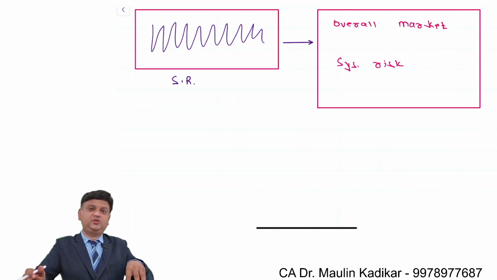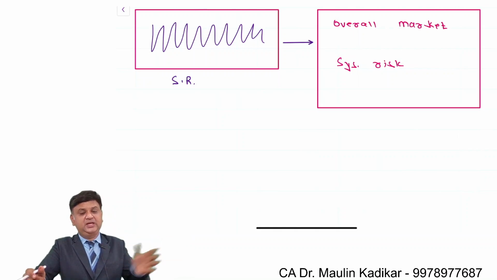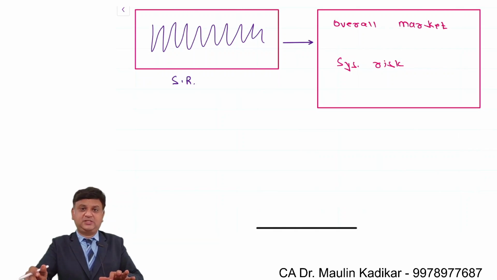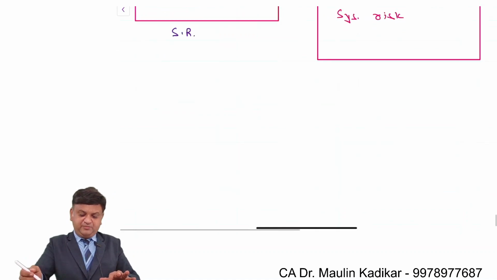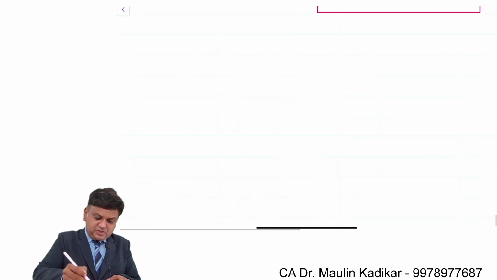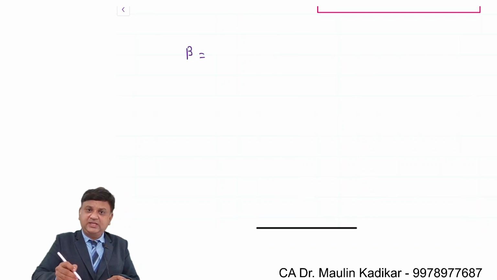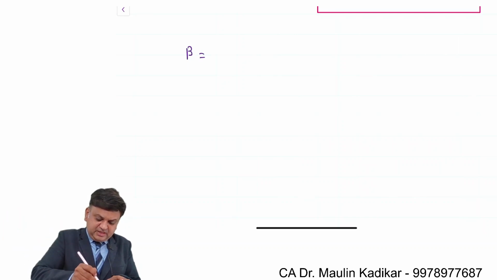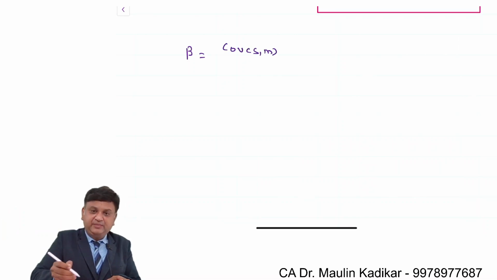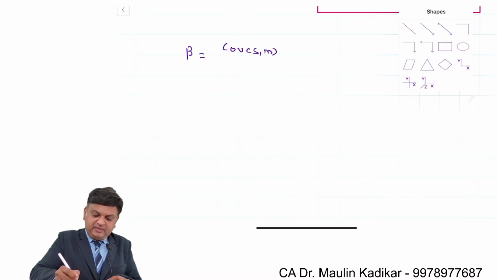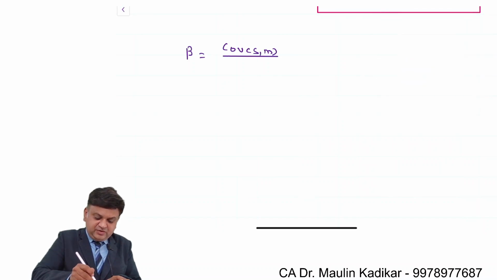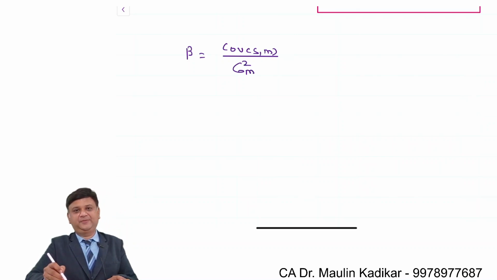So whatever risk you have due to change or due to some reasons of the market is given the name systematic risk, and that is measured in the form of beta. As far as the calculation of the beta is concerned, understand it carefully. The formula for beta is co-movement of the security's return with market movement divided by total systematic risk, which is measured in the form of variance of the market portfolio.